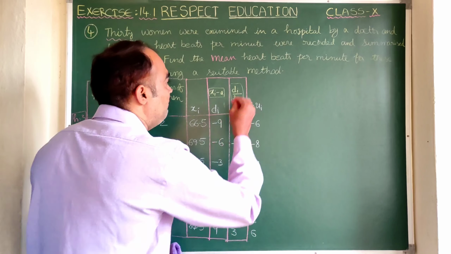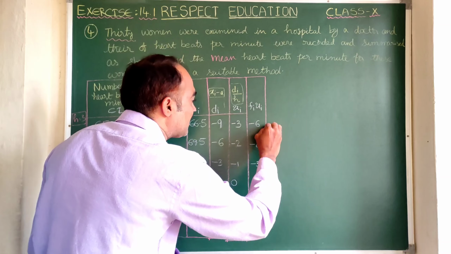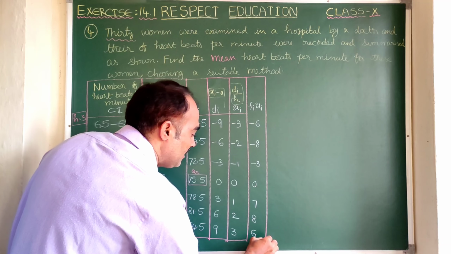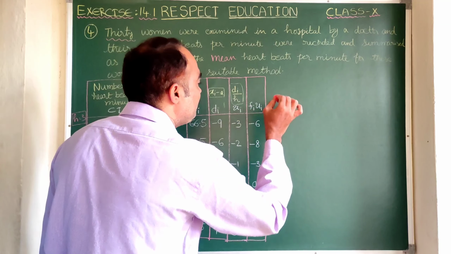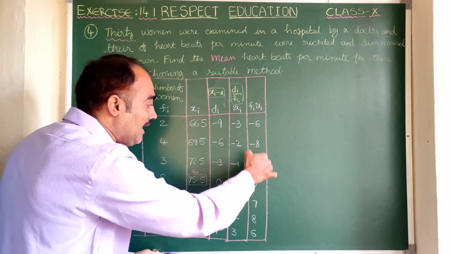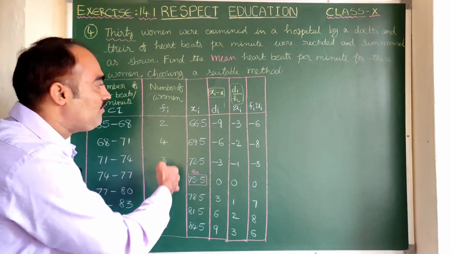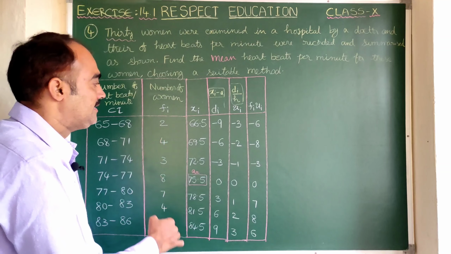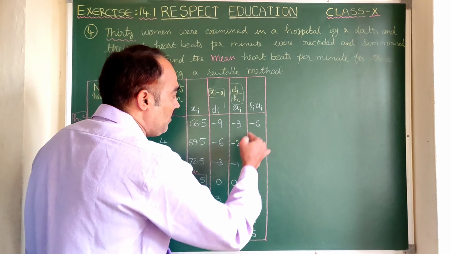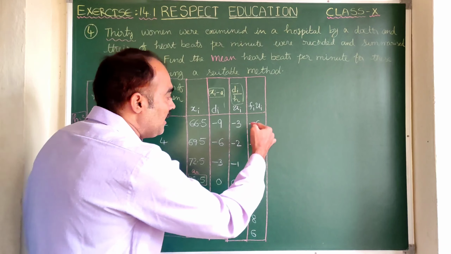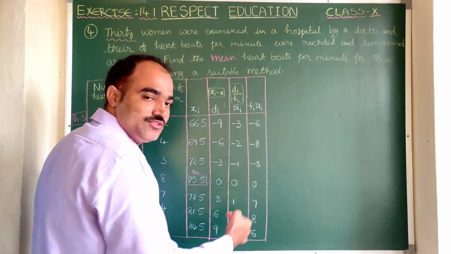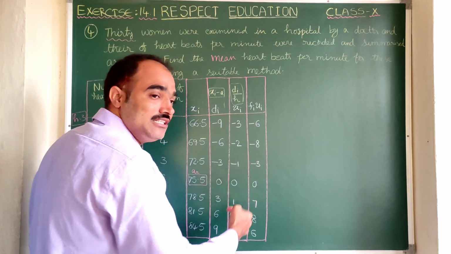Now here, the work with this table is completed. Before that, let us add these values. Sigma fi ui and sigma fi. Now let us add them. While adding, first add the negative values. Minus 6 and minus 8 is minus 14. Minus 14 and minus 3 is minus 17.